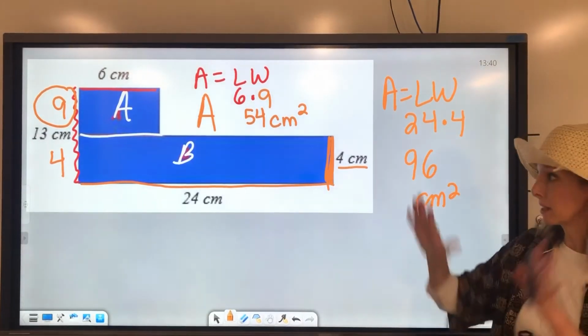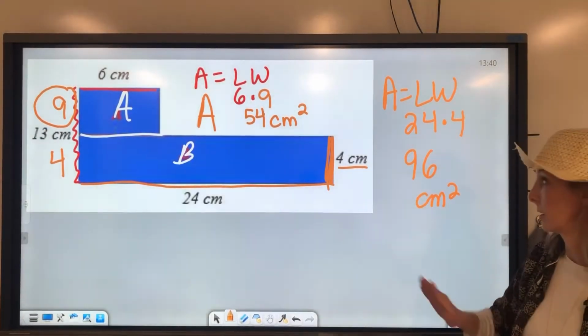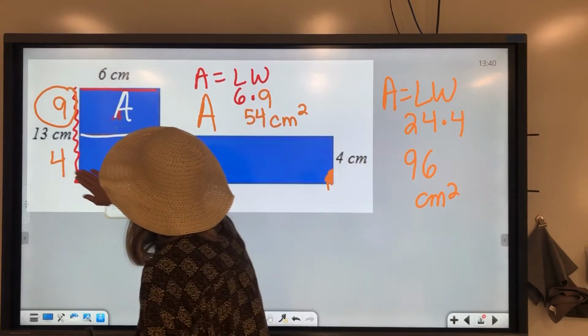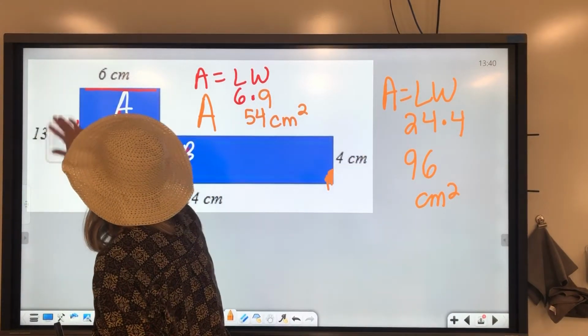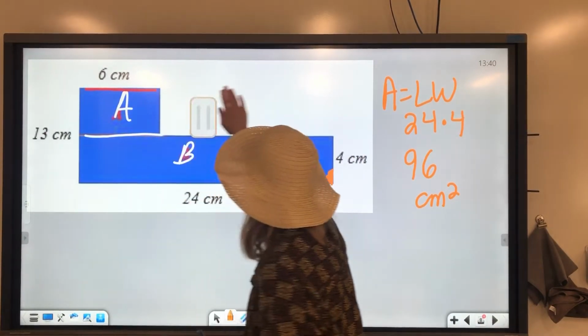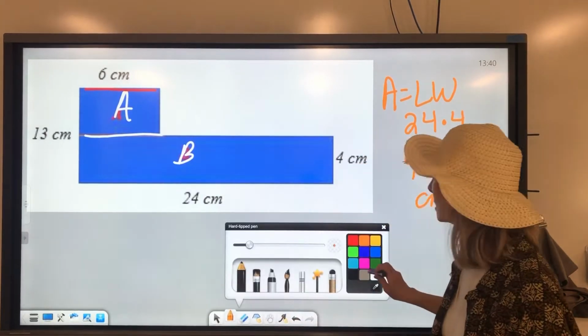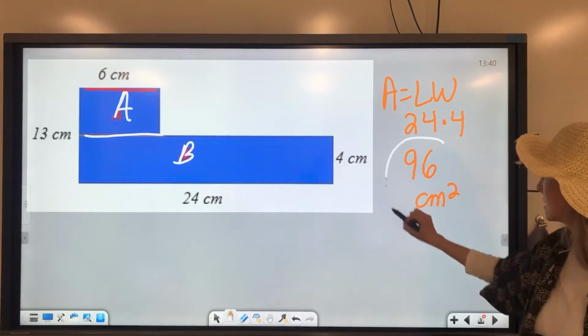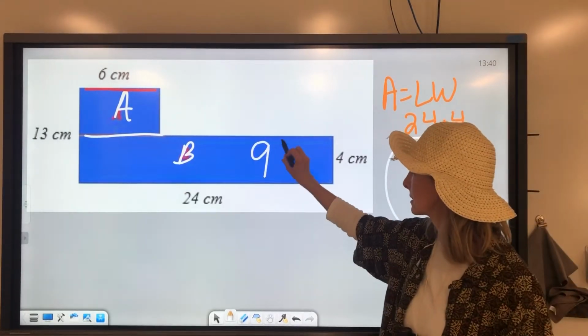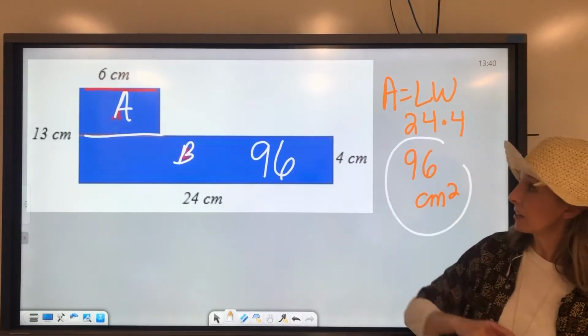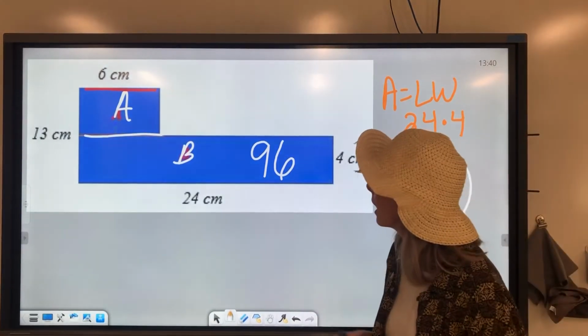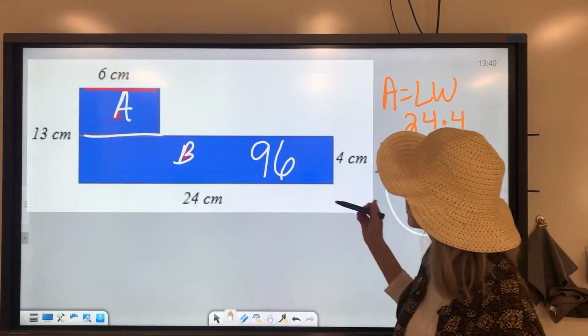All right, I'm going to erase a lot of stuff here because I've got a lot going on. Okay, so, whoops. We said that B was 96. And A, of course, which I just erased, sorry, it was 54.